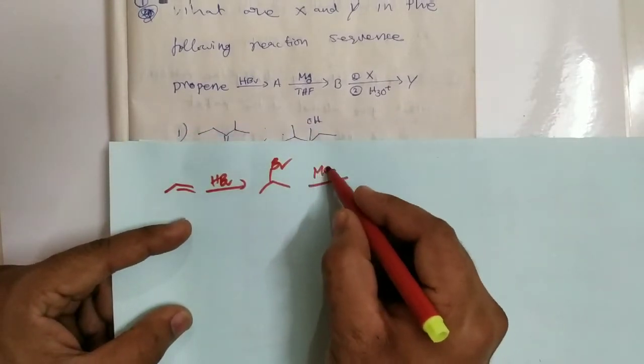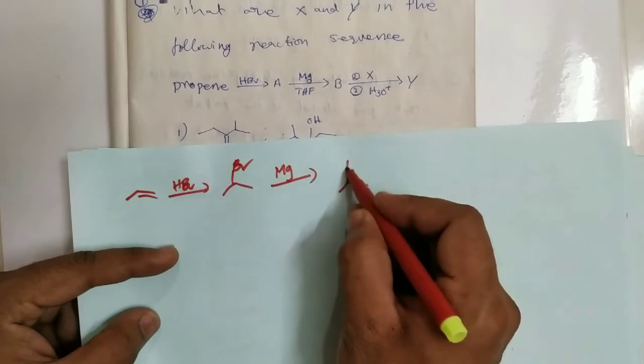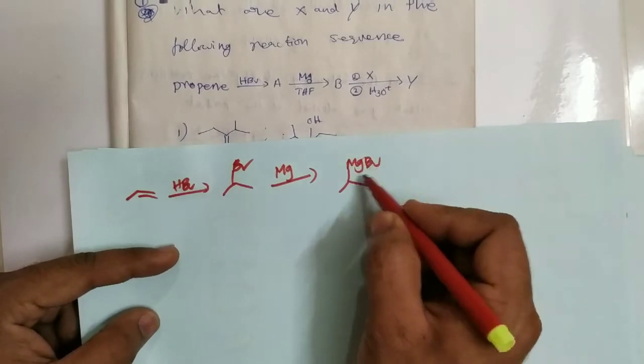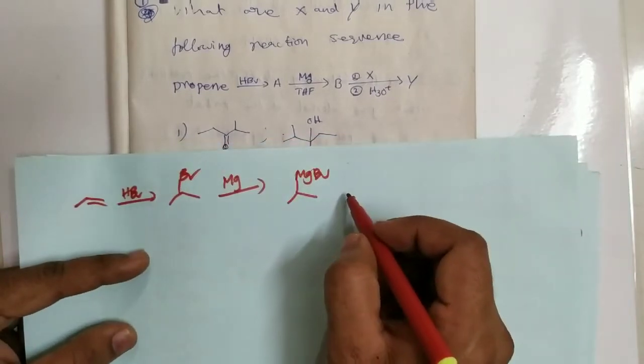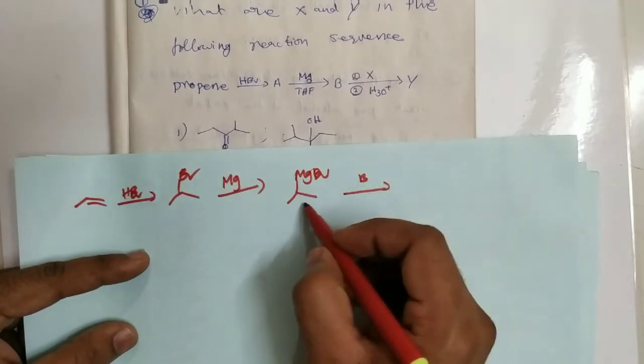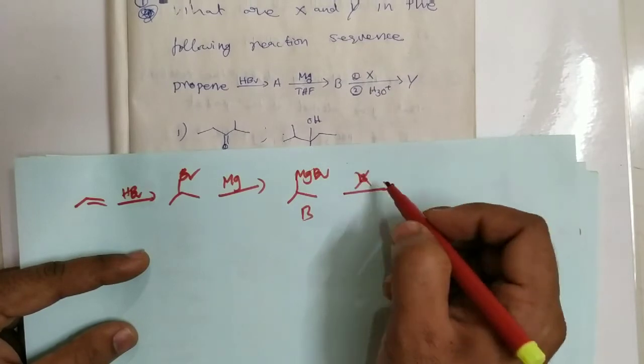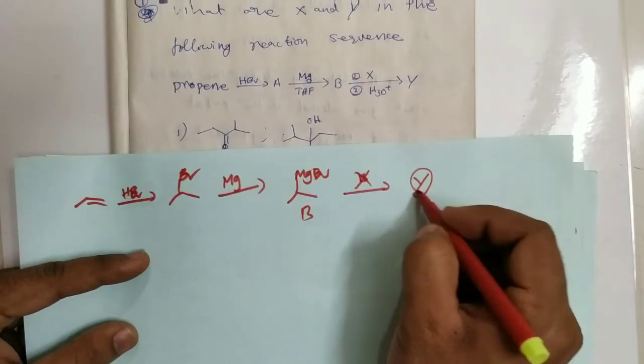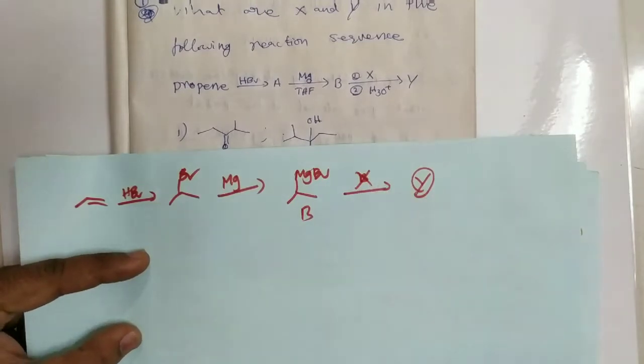Now this on treating with magnesium, you will get isopropyl magnesium bromide. This on treating with X, followed by hydrolysis, will give Y. So we have to find out the X and Y in this case.